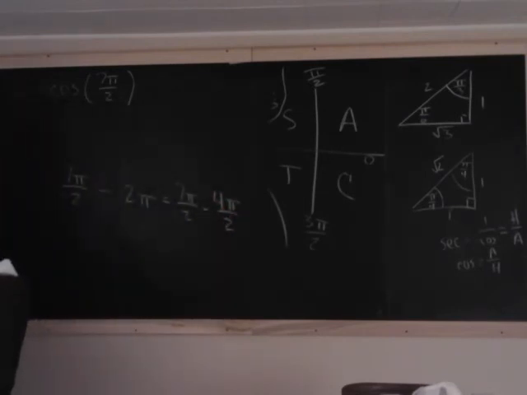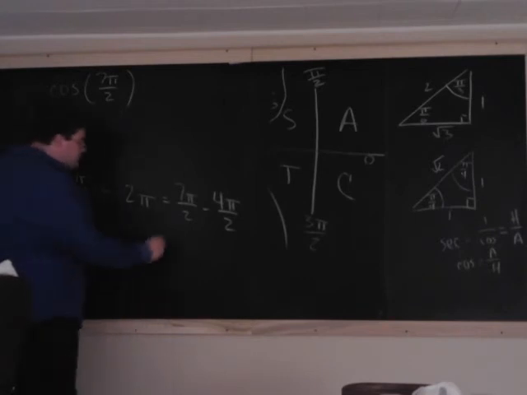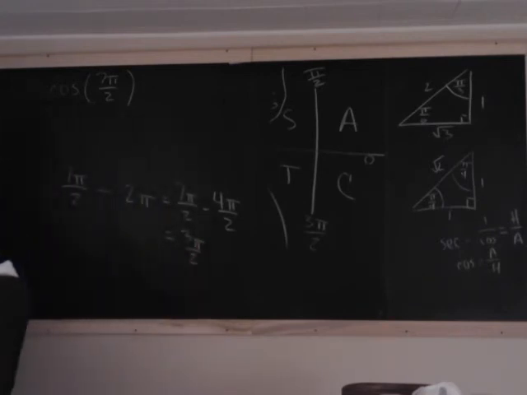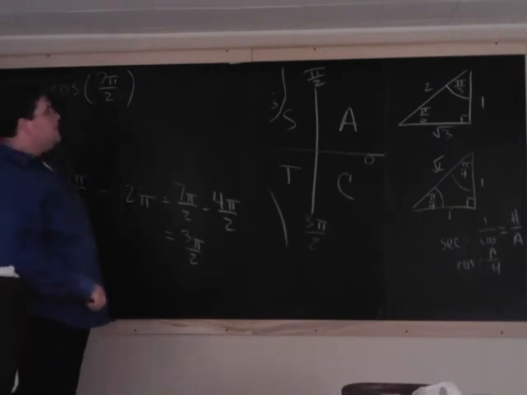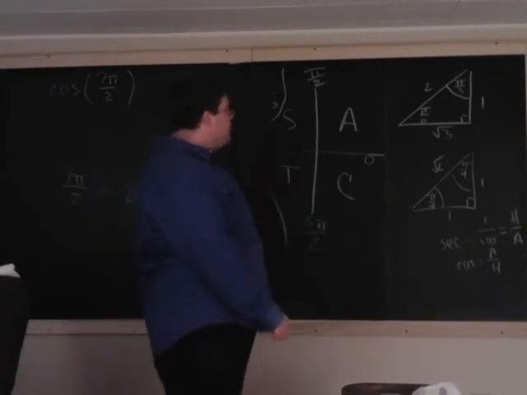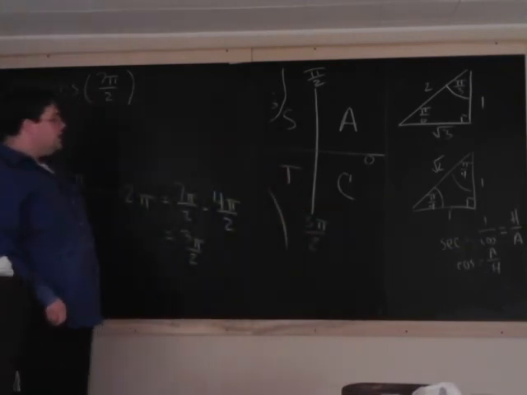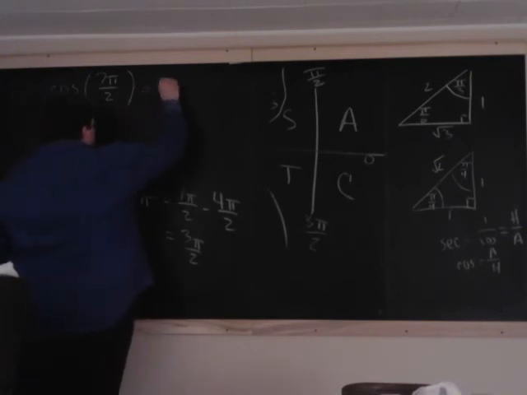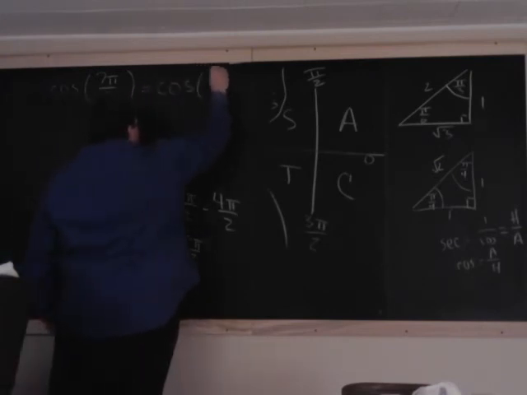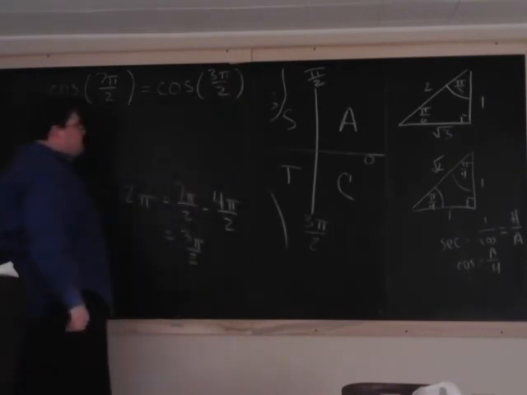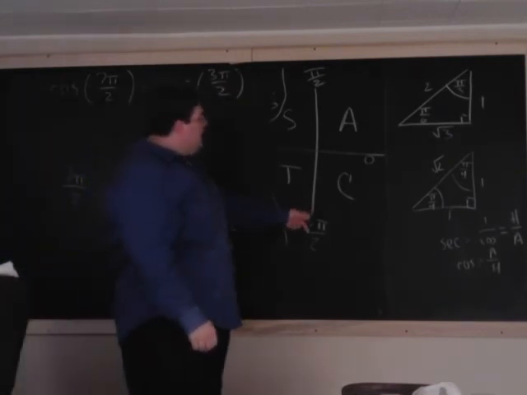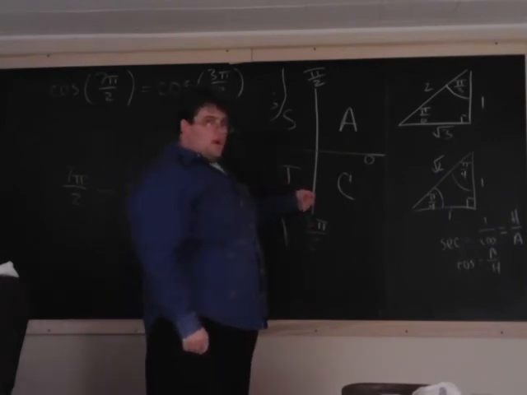There's our common denominator, 2. 7 minus 4 is 3. So the angle 7 pi over 2 ends at the same endpoint on the unit circle as the angle 3 pi over 2. So cosine of 7 pi over 2 is the same as cosine of 3 pi over 2. Using this diagram, 3 pi over 2 is down here.